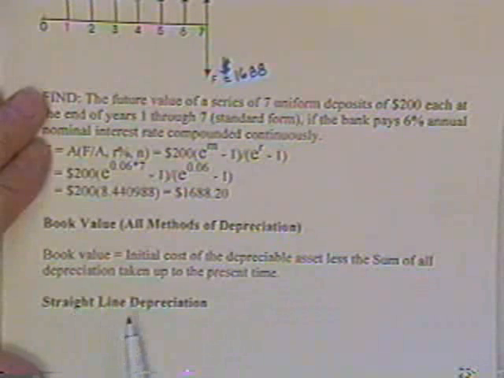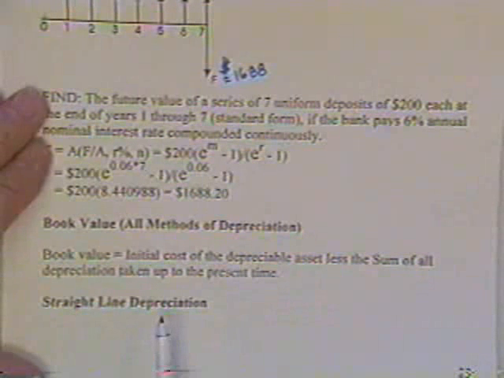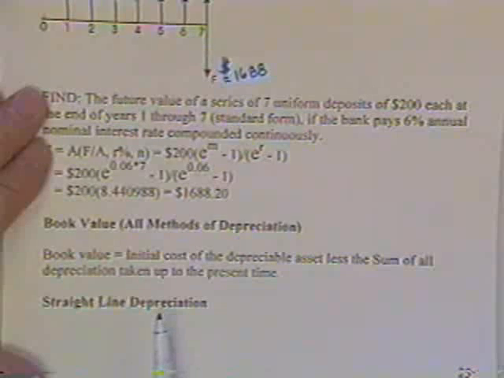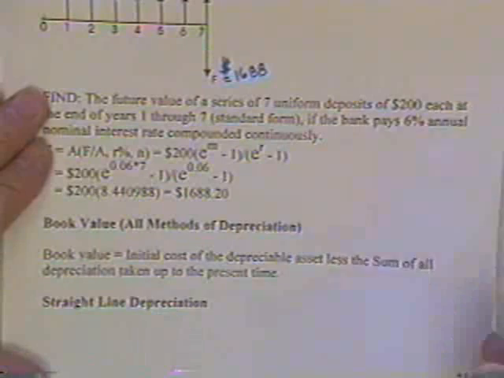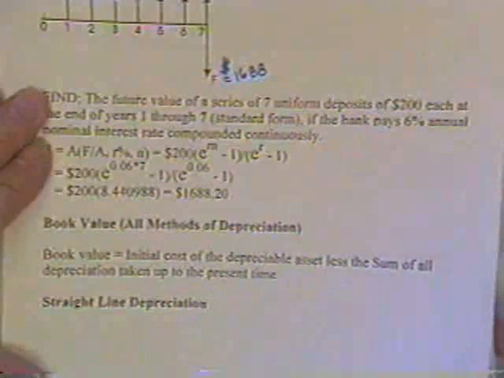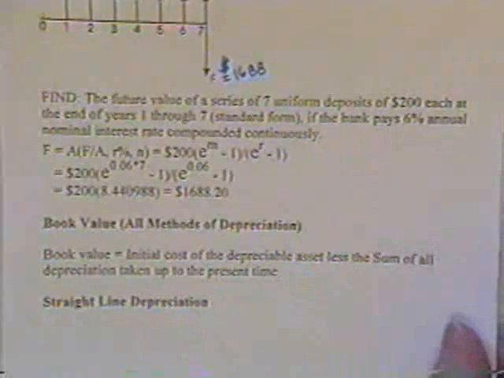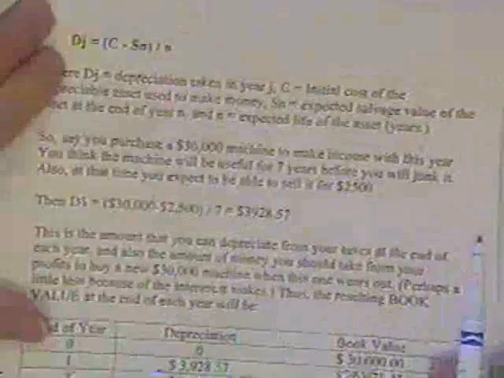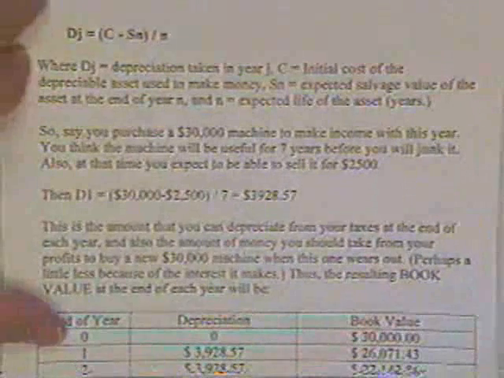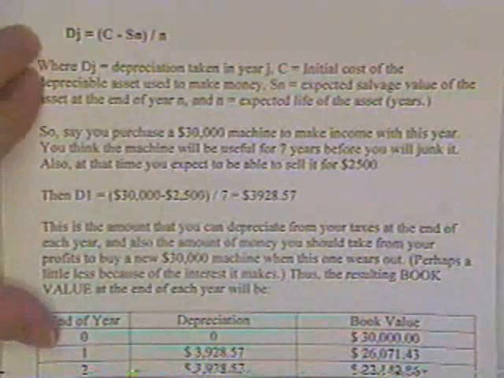Now, there are several ways that the government permits you to compute depreciation, or how much wear and tear you have on your machines and your computers. One of the most popular ones is known as the straight line depreciation method. This equation is listed in the book.